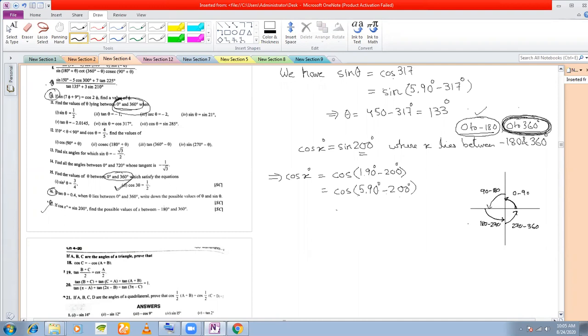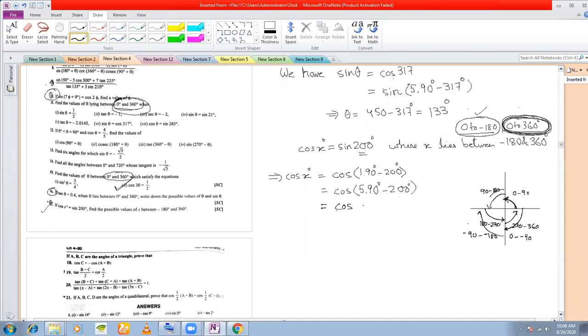Considering the anti-clockwise rotation, these are positive angles. If I consider the clockwise rotation this way, then this is 0 to minus 90, this is minus 90 to minus 180, and so on.